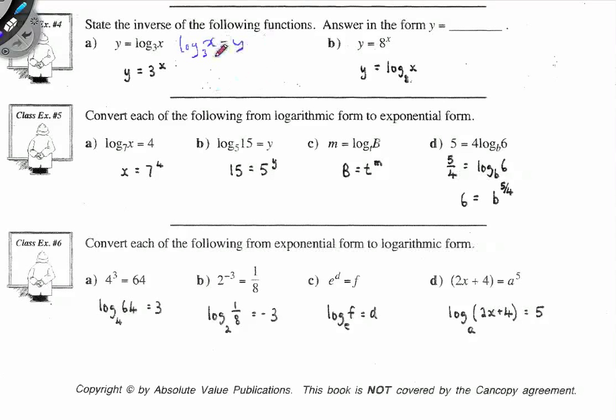And in this format you can drop the x down, swing the 3 over, bumping the y up. So it becomes x equals 3 to the y. Drop, swing, and bump. Drop, swing, bump converts a log to the exponential form.